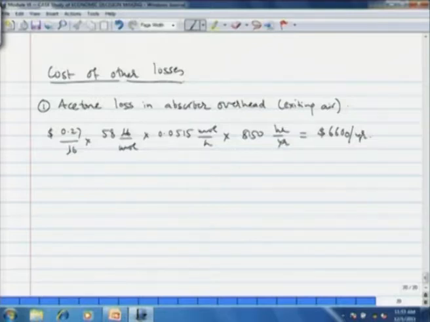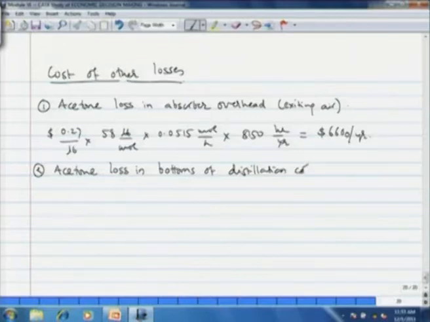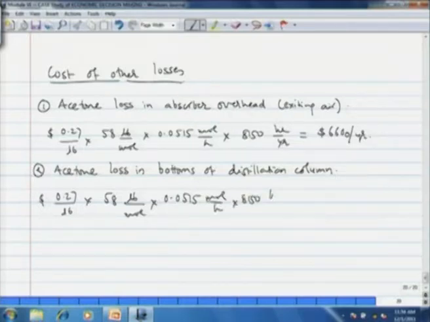Okay. Now, acetone loss in bottoms of distillation column, again we use the same number, 27 cents per pound as cost of acetone into molecular weight, and then we have already determined that amount of acetone that will be present in bottoms will be 0.0515 mole per hour and 8150 hour per year of operation, and this loss also comes out to be about $6,600 per year.